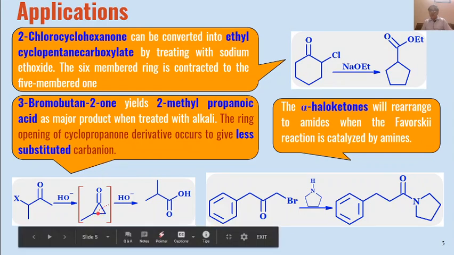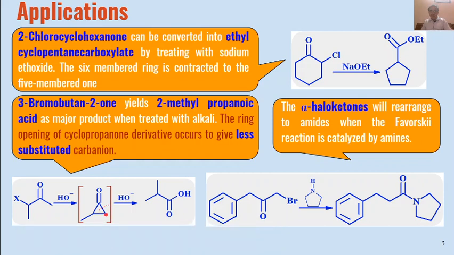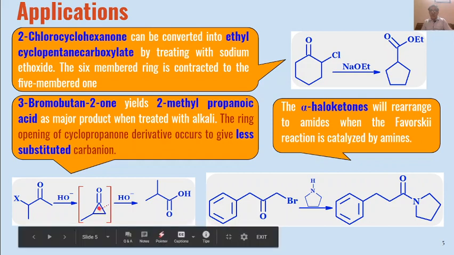So that means if this bond breaks, then the carbanion formed will be this one, CH2 negative. If this bond breaks, you will get a carbanion of this type where this carbon will bear the negative charge, and here this will be the more substituted carbon.